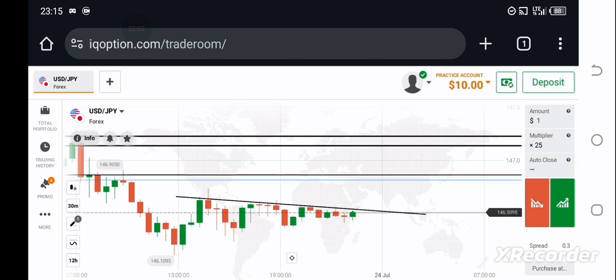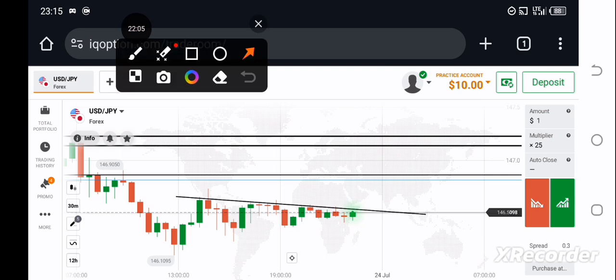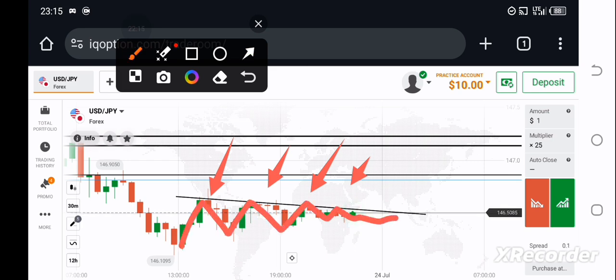So you can see. How do you know that it's a trend line? The market is getting resistance at this level. It's getting resistance there. Okay, that's the level of resistance. You can see the market is moving like this. So you can see it is a trend line.